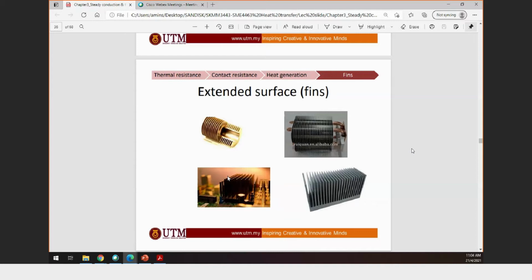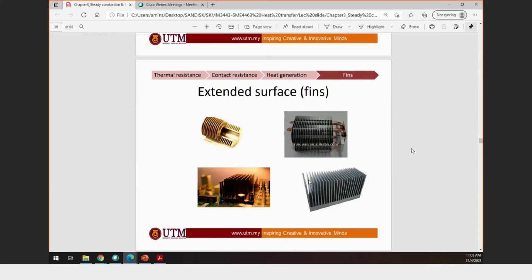This kind of component or assembly is used to release heat and control other components that require a controlled temperature condition. So this is an example of fins, or extended surface.